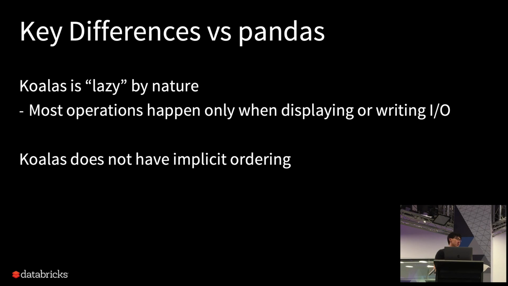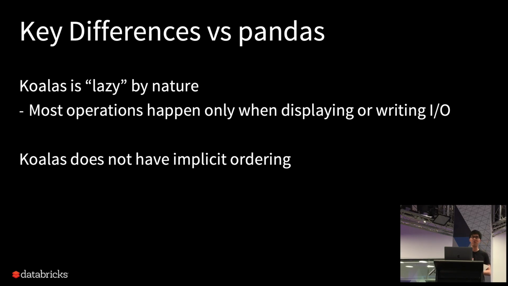But what we do is, if you explicitly name the variable and the repr HTML or the repr string is called, we actually compute and materialize the data to show you. But if you don't, we don't run any computation. We try to delay computation as late as possible to give Spark's query optimizer the opportunity to see the bigger part of what you're doing so we can optimize it better.